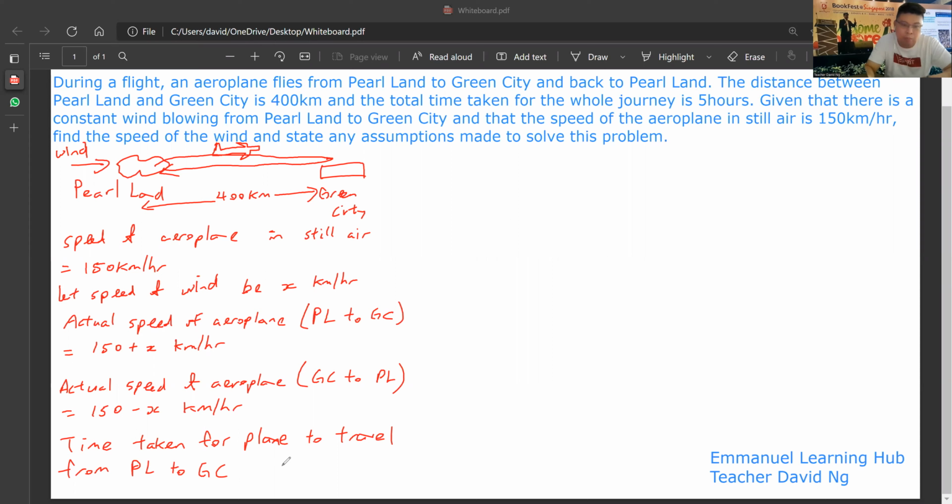It is 400 divided by the actual speed of the plane from Pearland to Green City, distance divided by speed. So that's the time taken.